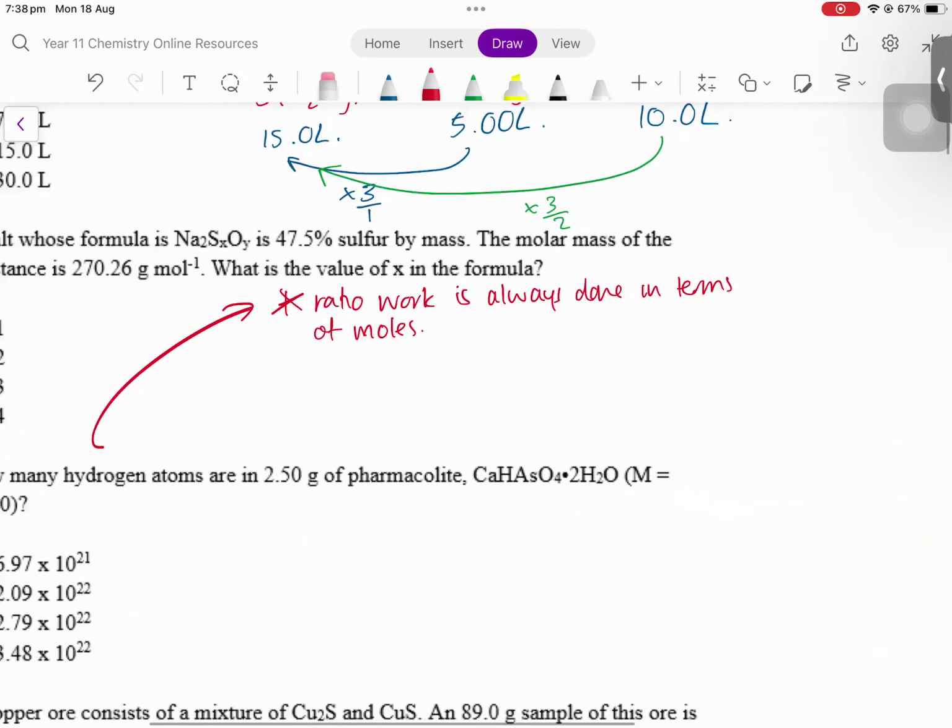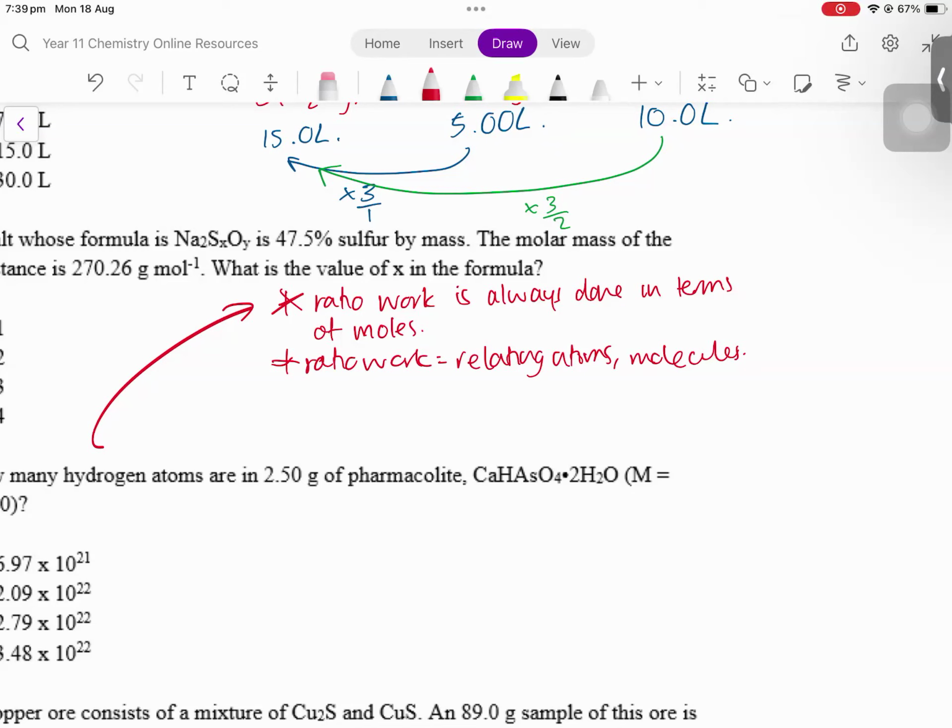And when I say ratio work, what I mean is relating atoms and molecules. In a balanced chemical equation, you're relating the molecules through the coefficients, the ratios in the balanced equation. There are subscripts in a formula that tell you the ratios between the atoms in one molecule as well.